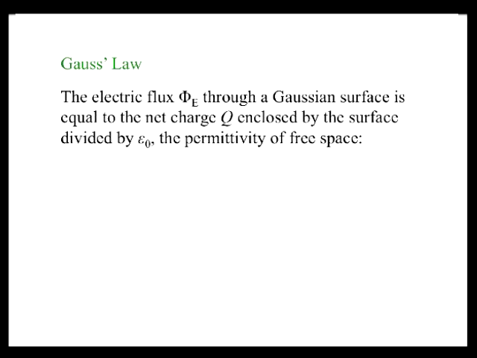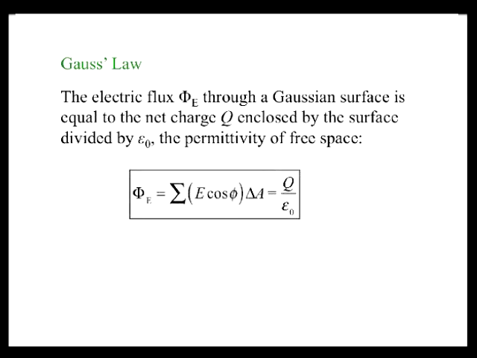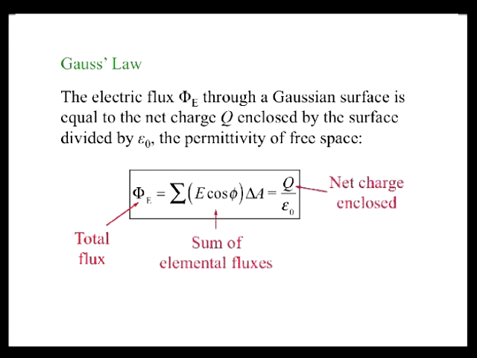This is expressed mathematically as phi E equals the sum of E cosine phi delta A, which equals Q divided by epsilon 0. It says that the total electric flux is equal to the sum of all of the fluxes through the individual area elements. This, in turn, is equal to the net charge enclosed by the surface divided by epsilon 0. Finally, the SI unit of electric flux is newton times meter squared divided by coulomb.